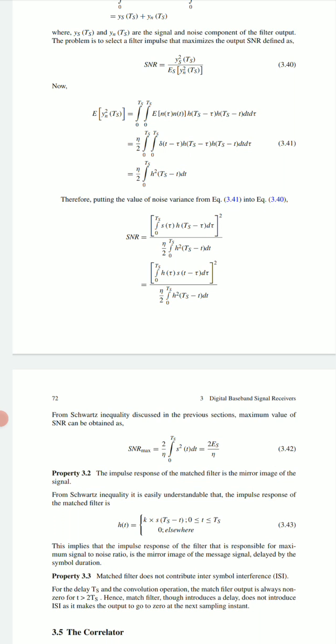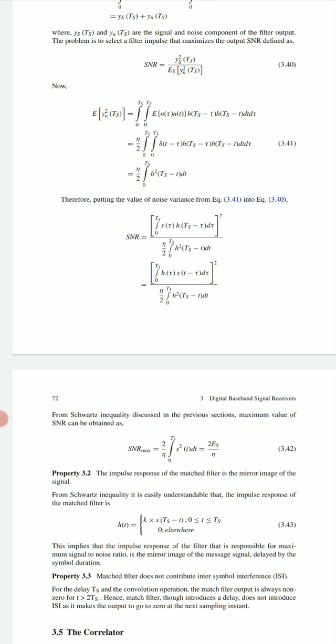So h(t) = k s(Ts - t) when t is between 0 and Ts, otherwise 0. The third property tells us that the matched filter does not contribute any intersymbol interference.